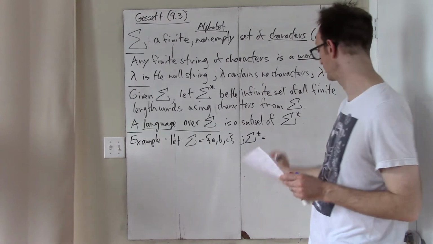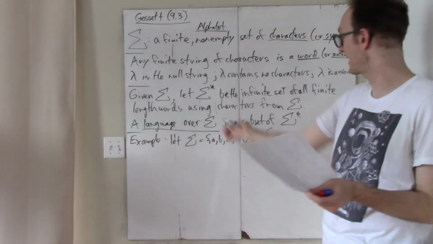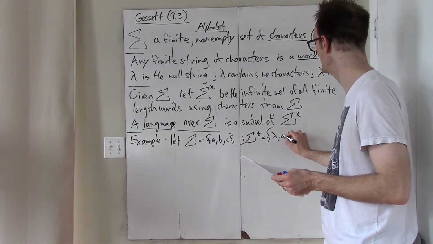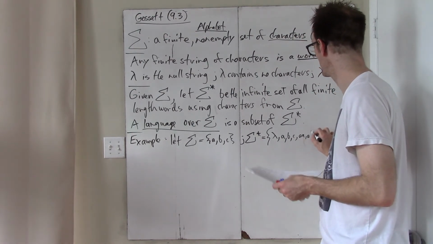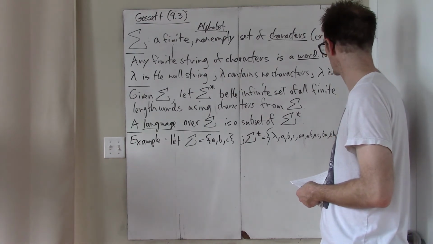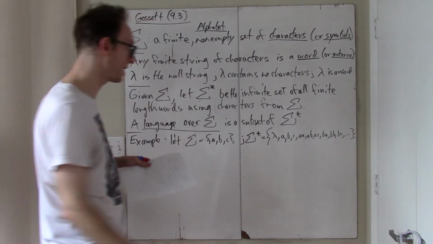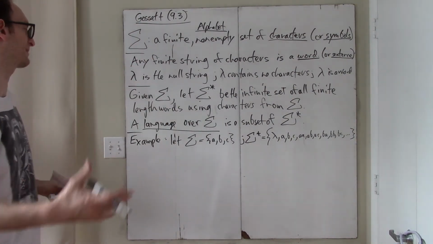It's difficult to write, but it's every single string you can make out of the letters A, B, C. It's the empty string, just A, just B, just C, A A, A B, A C, B A, B B, B C, etc. It's going to be infinite because the words have arbitrarily long length. Every string is finite, but there are an infinite number of them.